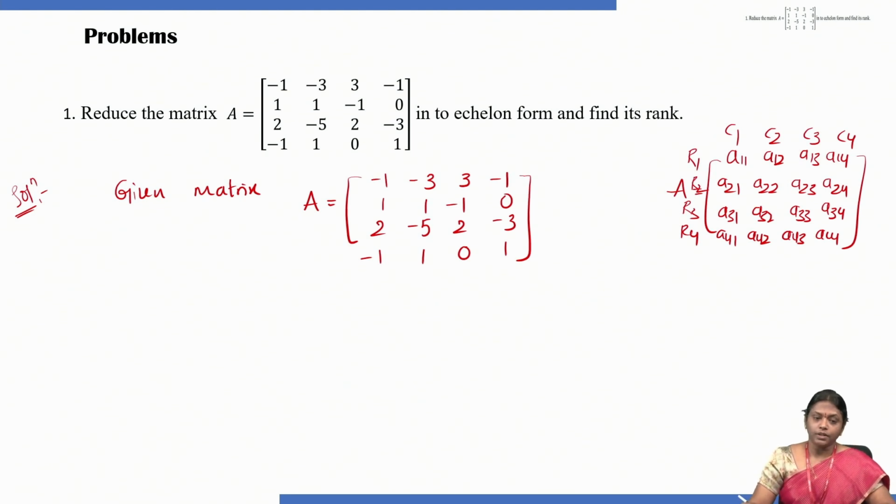Whenever we convert this into echelon form, first, using the first element, I need to make all the elements below it equal to zero with the help of row transformations. This is the first step. In the second step, with the help of A22, I make all the elements below it zero using only row operations.